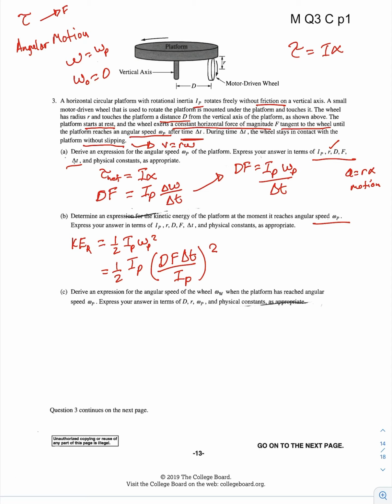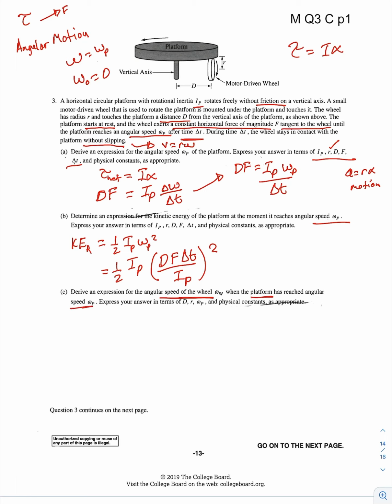Derive an expression for the angular speed of omega w. What the heck is happening here? Let me slow down because I'm reading too fast and I don't understand what's happening. Whenever you're reading, if the first time you read it, it doesn't make any sense, stop reading, start reading again, and slow down. Derive an expression for the angular speed of the wheel, omega w, when the platform has reached an angular speed, omega p.